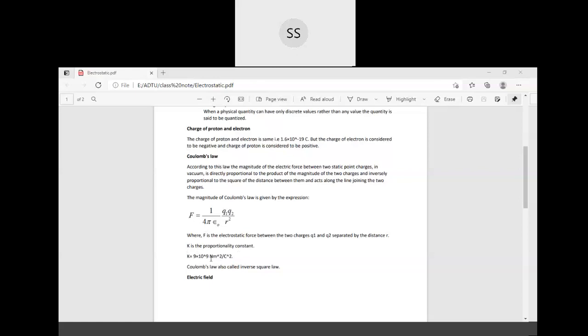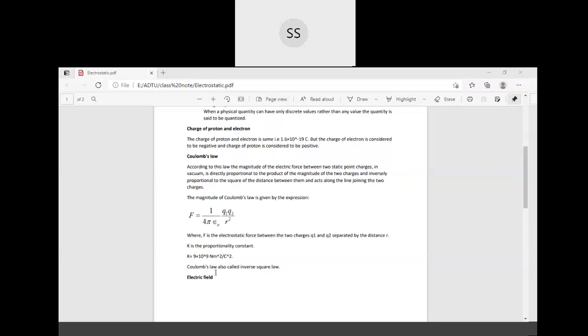Newton is the unit of force, meter is the unit of distance, and C or Coulomb is the unit of charge. So the unit of K is Newton meter square divided by Coulomb square. In place of K, you can also write 1 by 4 pi epsilon naught. They both have the same value, 9 into 10 to the power 9 Newton meter square divided by Coulomb square.